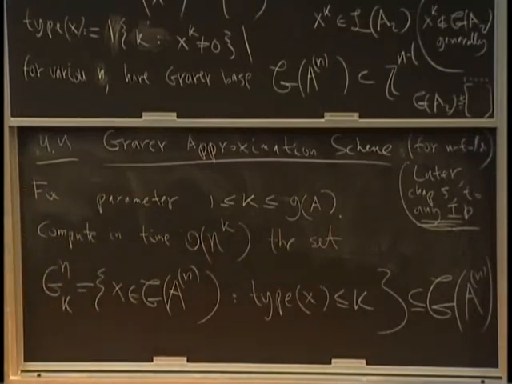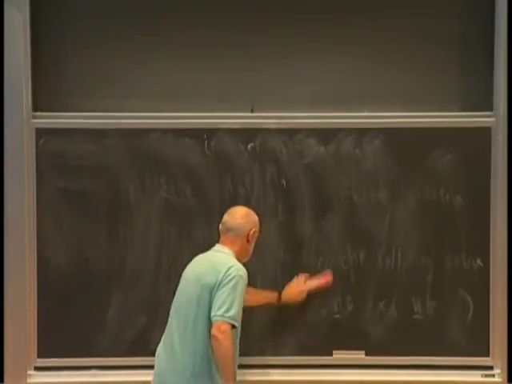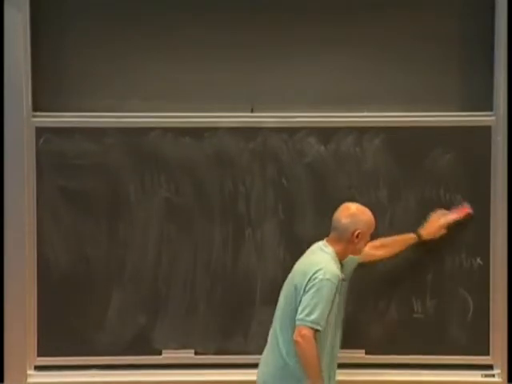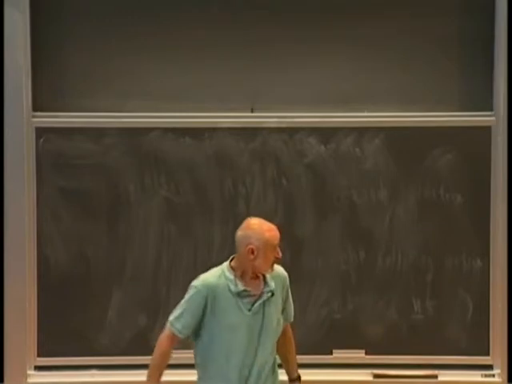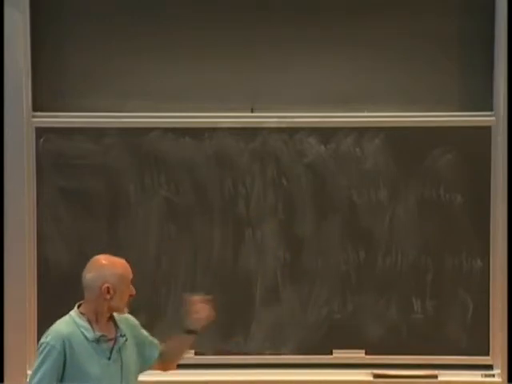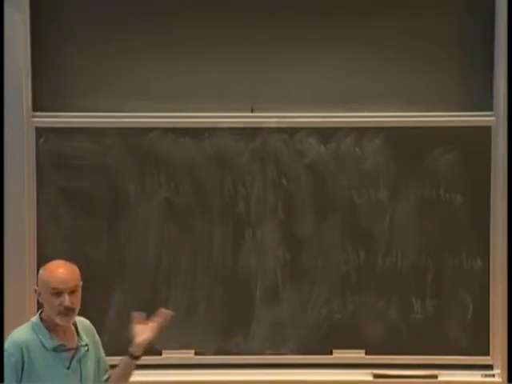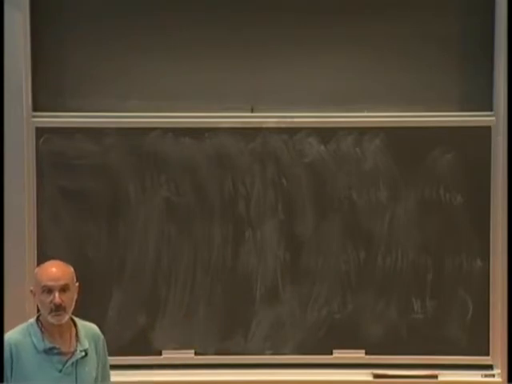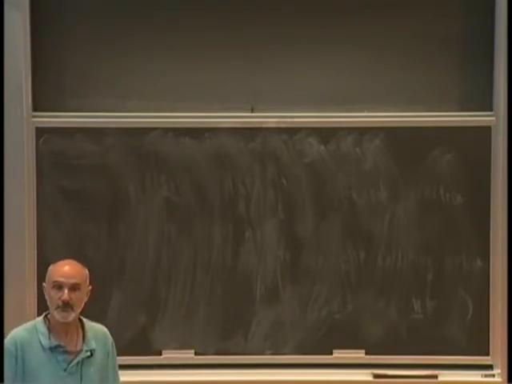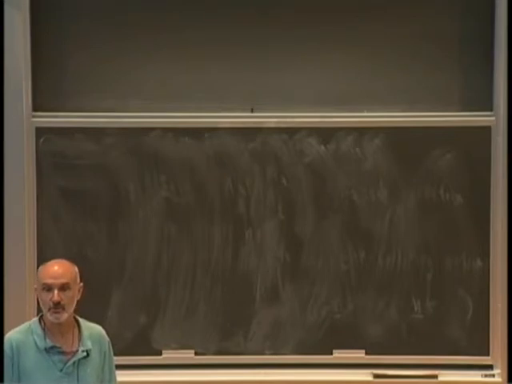You see, this is contained, right? Why? Because what is the true gradual basis of the n-fold product? The set of all elements in this gradual basis of type at most what?